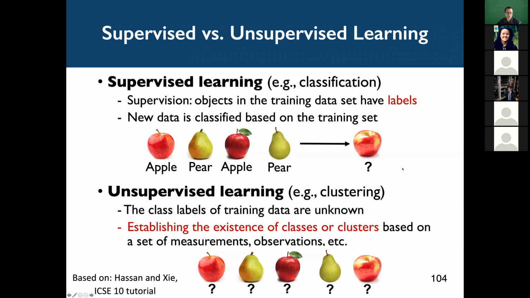We use these to group things together, but we don't know whether it's an apple or a banana. The only difference is whether we know and use the label in the training process. One example of supervised learning is classification. One example of unsupervised learning is clustering.